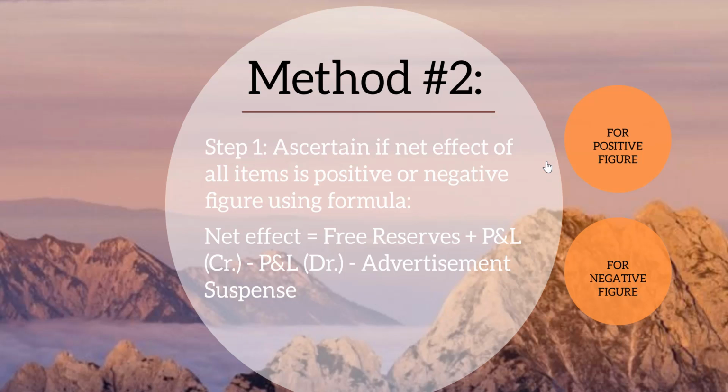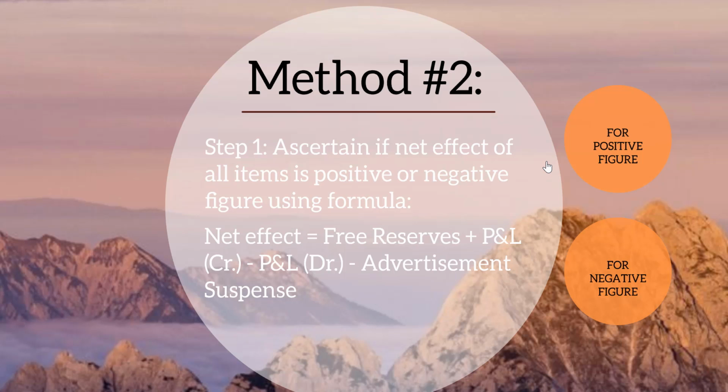We will apply the formula: the free reserves plus the P&L balance appearing in the liability side of the balance sheet, minus any accumulated loss, that's a P&L balance appearing in the asset side of the balance sheet, minus any deferred revenue expenditure, advertisement suspense. So after doing this, we will find out whether we get a positive figure or a negative figure. The journal entry will depend on whether the net effect is positive or negative.